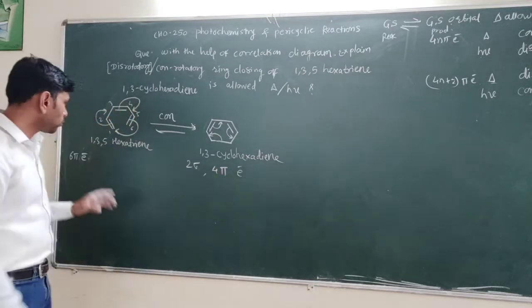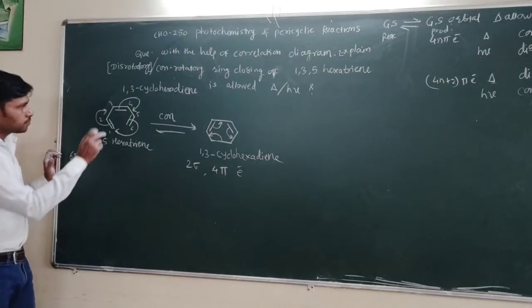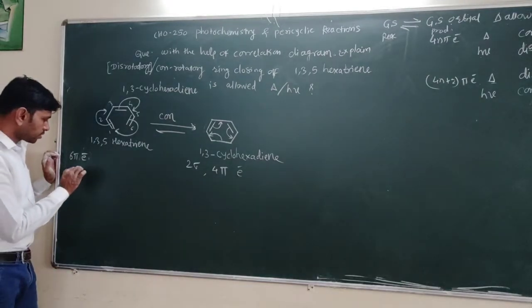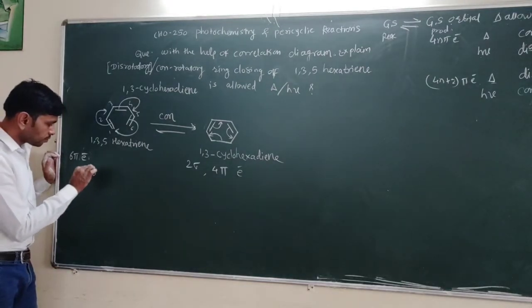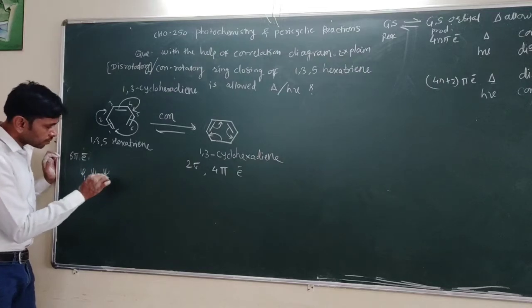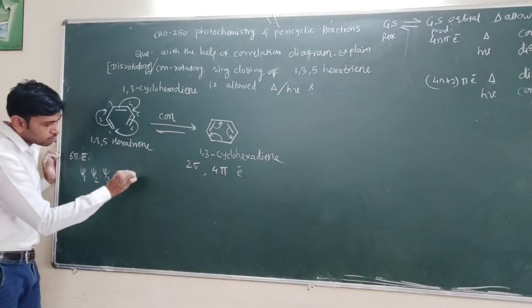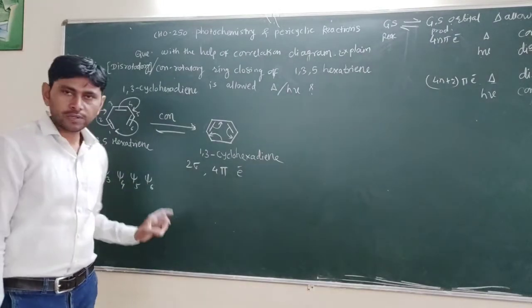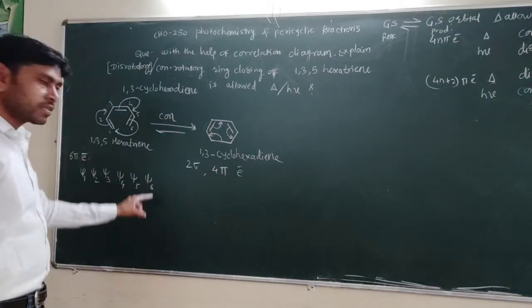So which are the 6 orbitals? Psi 1, psi 2, psi 3, psi 4, psi 5 and psi 6.